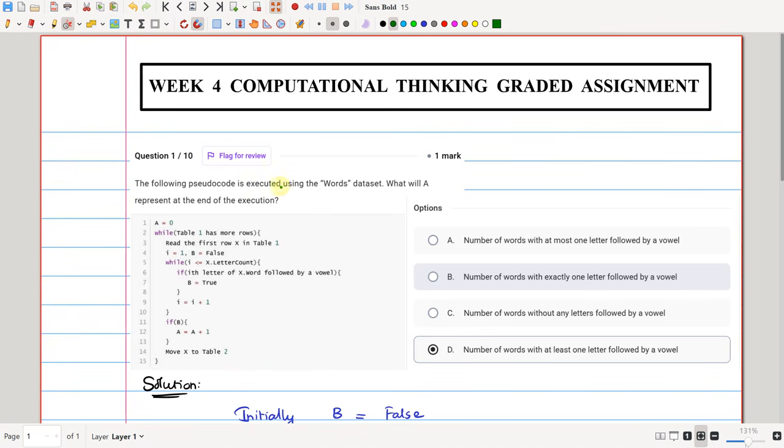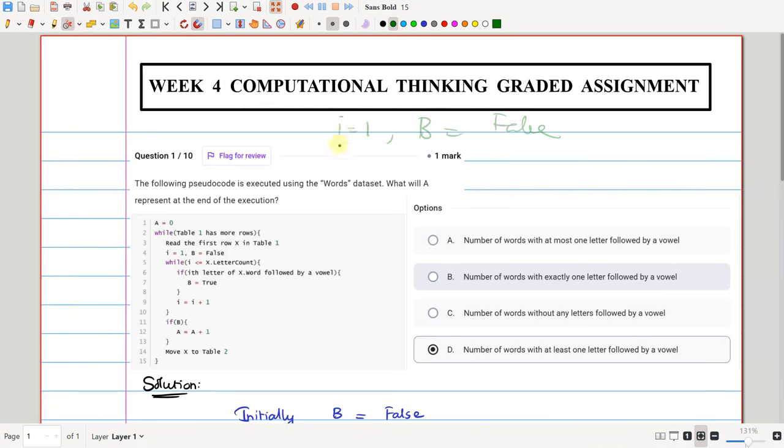While table 1 has more rows, we have to read the first row X in table 1. Then I is equal to 1 and B is equal to false.